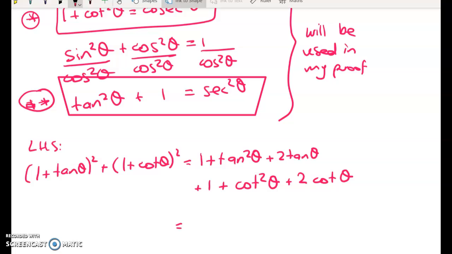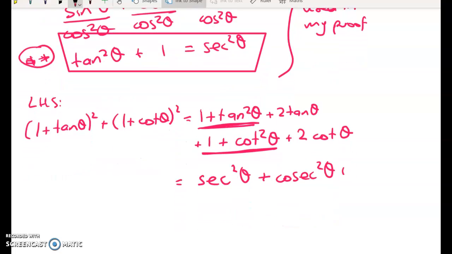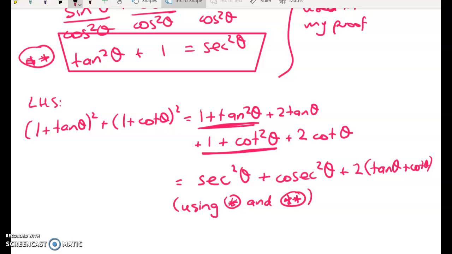Now if we regroup that, what we get is this one is equal to sec squared theta and this one is equal to cosec squared theta. And then we've got plus 2 times tan theta plus cot theta. Now I'm going to put a note here saying using star and star star.